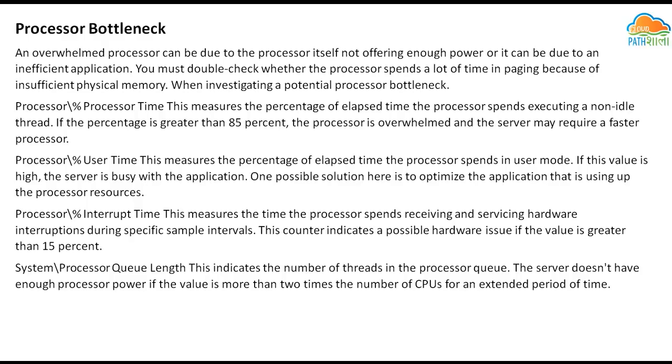Another counter here is the System Processor Queue Length. That indicates the number of threads, or requests, which any processor has at any point of time. If any application generates a number of threads which are in queue for the processor, and your system stops responding to those requests, and the value is more than 2 times the number of CPUs for an extended period of time, that means there is something wrong and you need an extra CPU on that particular server for better performance.